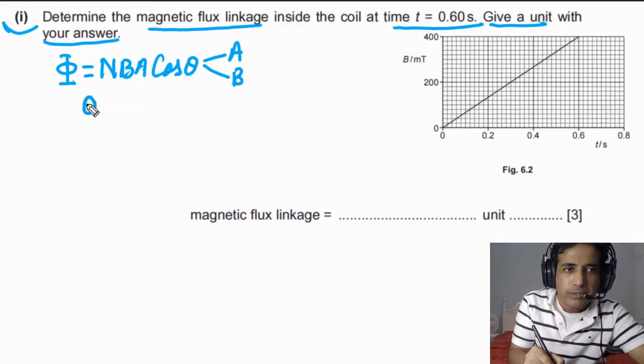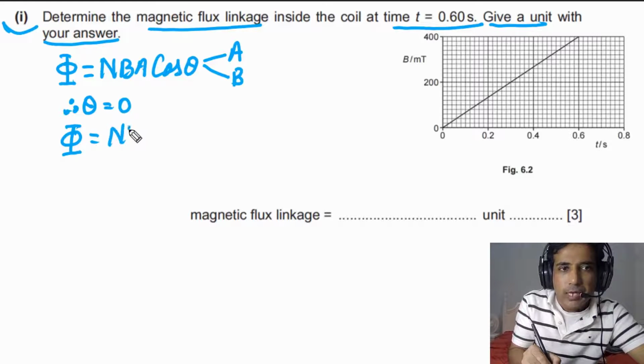It simply means that in this case, the angle between B and A is equal to 0 degrees. So we can say in this case, magnetic flux linkage is equal to NBA, because cosine of 0 is equal to 1.